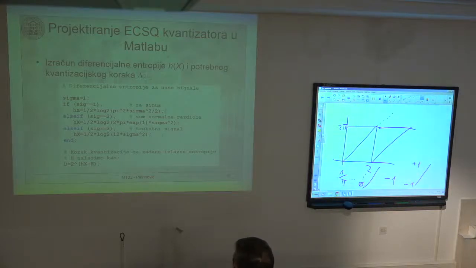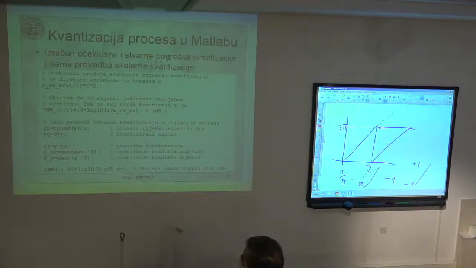Based on this differential entropy and the channel capacity, I find out the required step size capital D. Once I have capital D, I can find the expected distortion, because the expected distortion is simply the squared step size divided by 12. So the expectation of the squared quantization error is 1/12 of the squared step size.